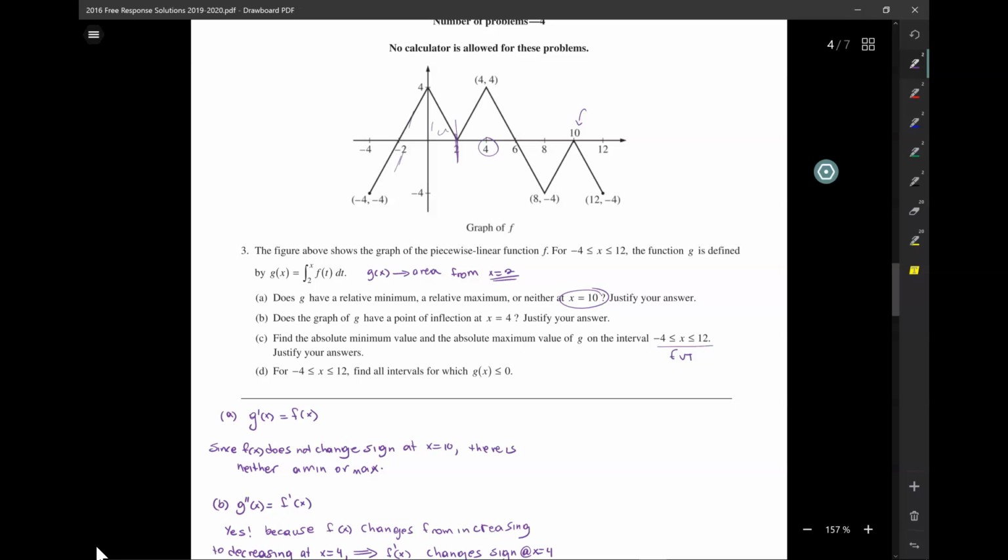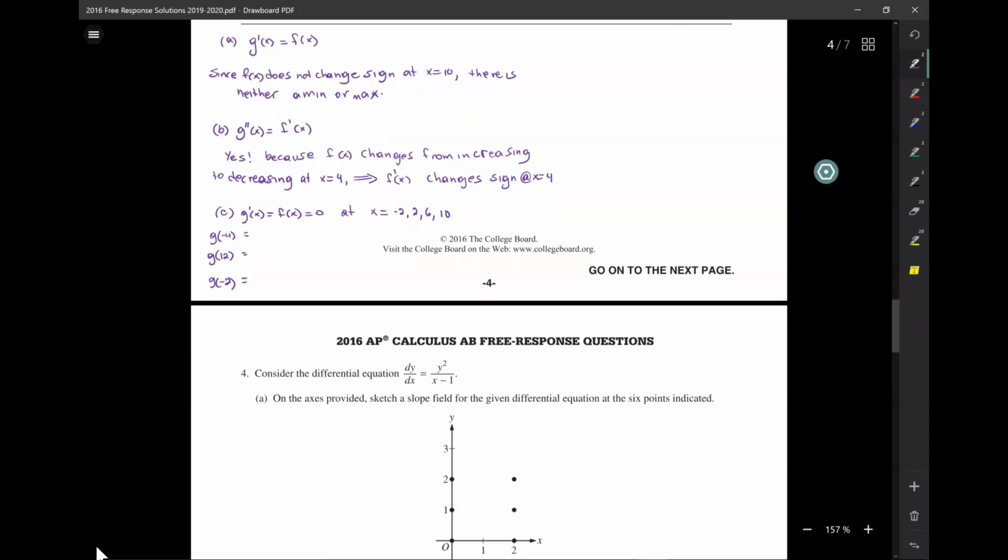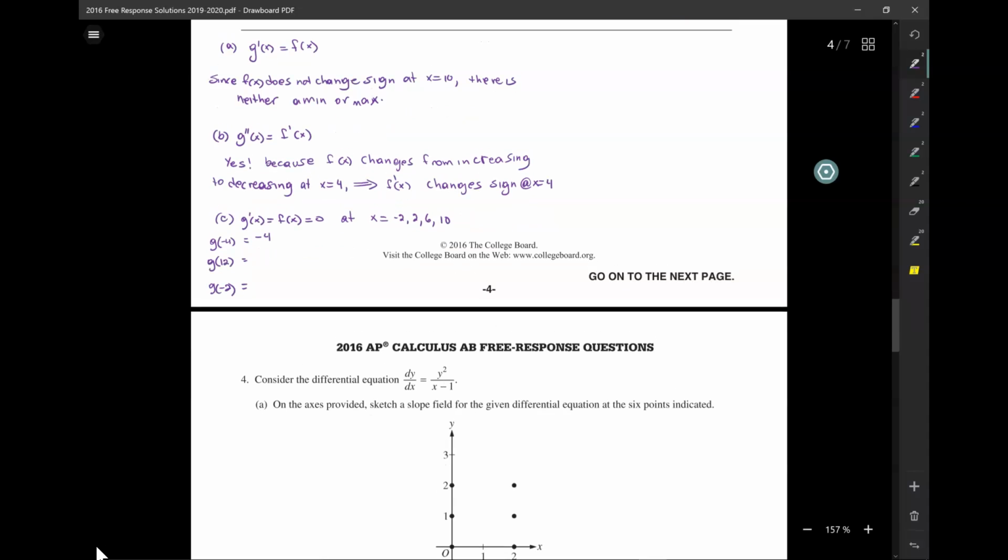But do you see that this and this will cancel each other out? So basically all I need to find is this area, and that's half times 2 times 4, which is 4. However, because I'm going in the left direction, it's negative 4. Is everybody okay with this? Very important. It's becoming a theme.